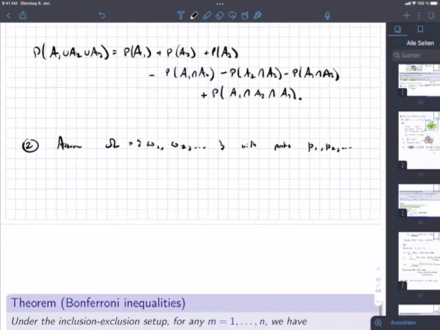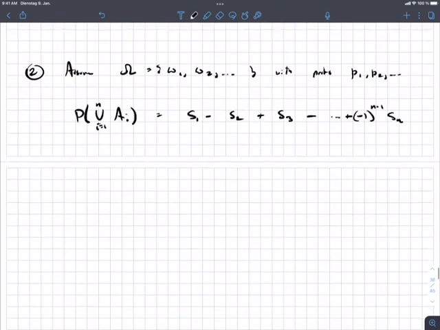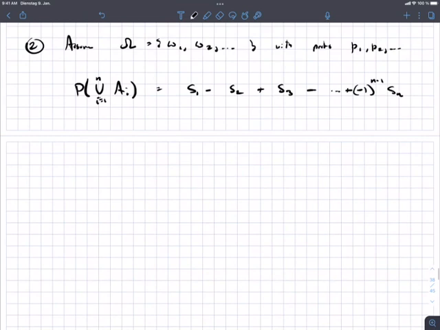And what you can imagine is you've got this union over here on the left-hand side, and then you've got this stuff plus minus 1 to the n minus 1 over on the right-hand side. And if you imagine computing this probability, you're going to be summing up these little p's associated with the outcomes.